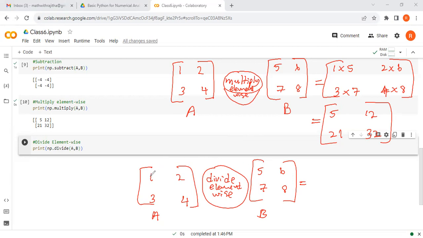For example, the first entry here, 1 is divided by 5. 2 is divided by 6. 3 is divided by 7. 4 is divided by 8.